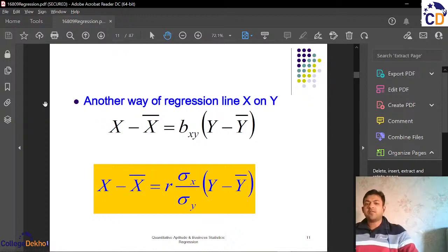The value of bxy can be calculated as r, the correlation coefficient, times sigma x over sigma y. So using this simple calculation, we can easily find the equation of x on y, and then on putting the value of y, we can easily get the value of x. Do we have any queries so far?